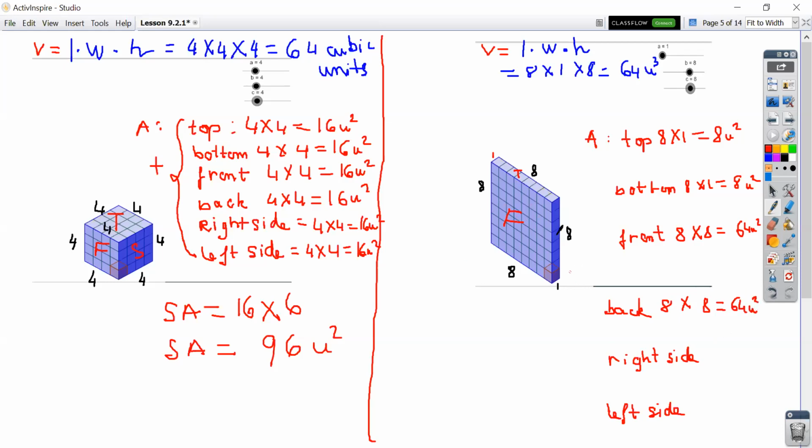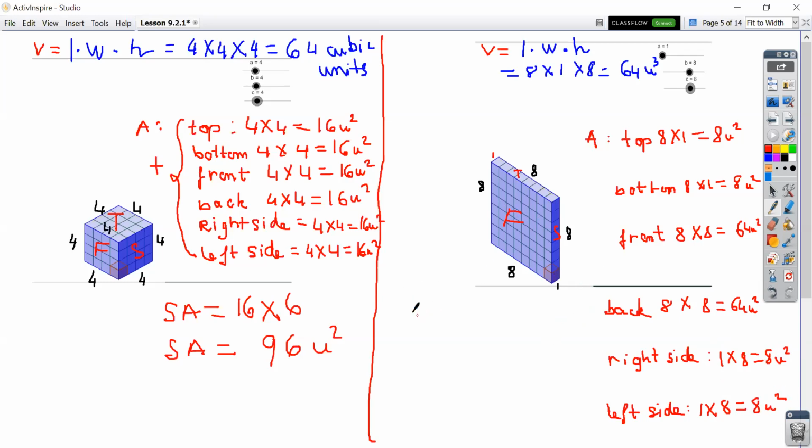The right side and the left side. The right side I have 1 by 8, so it's 8 square units. The left side is 1 by 8 as well, so 8 square units.